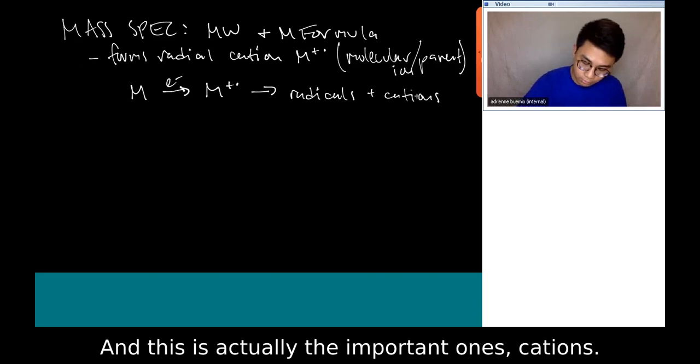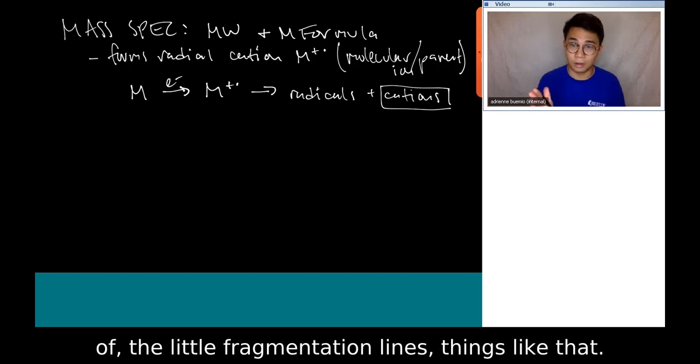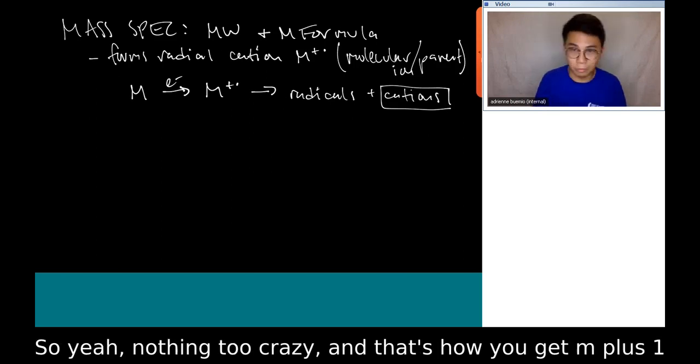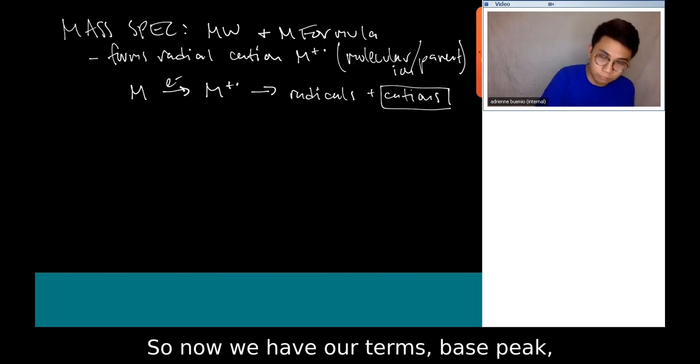And this is actually the important ones. Cations. Those are the ones you're seeing the lines of, the little fragmentation lines, things like that. So yeah, nothing too crazy, right? And that's how you get n+1 as well. All those little fragments. So now we have our terms, base peak.